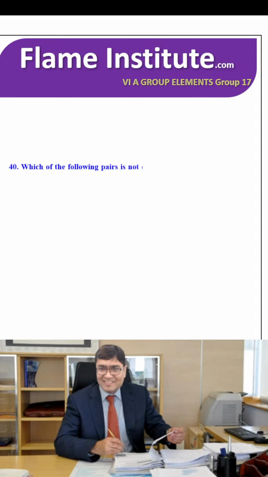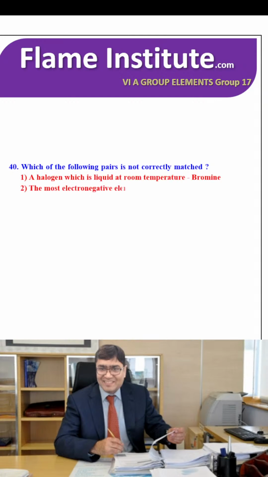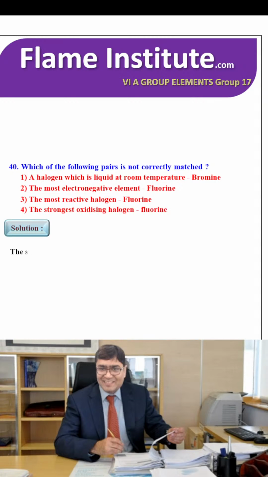Which of the following pairs is not correctly matched? Halogen which is liquid at room temperature, bromine. The most electronegative element, fluorine. The most reactive halogen, fluorine, or the strongest oxidizing halogen, fluorine. The strongest oxidizing halogen is fluorine, so this is not correct.